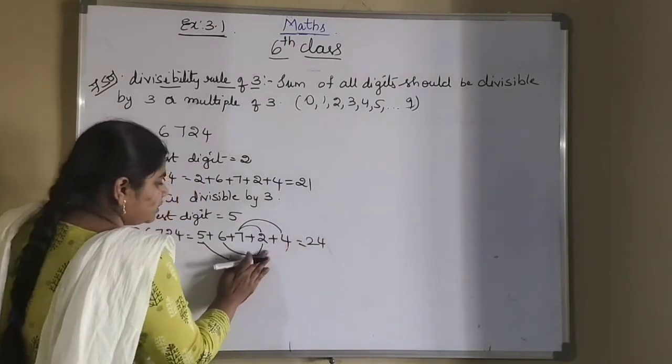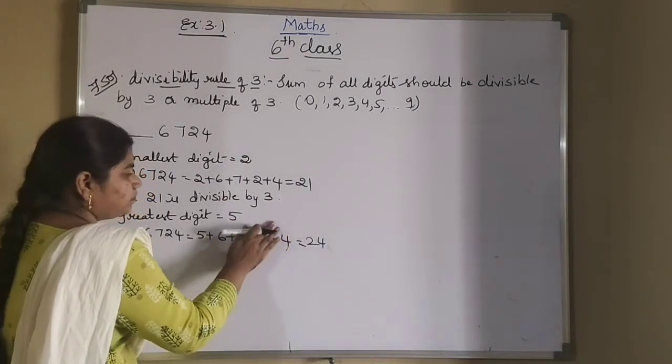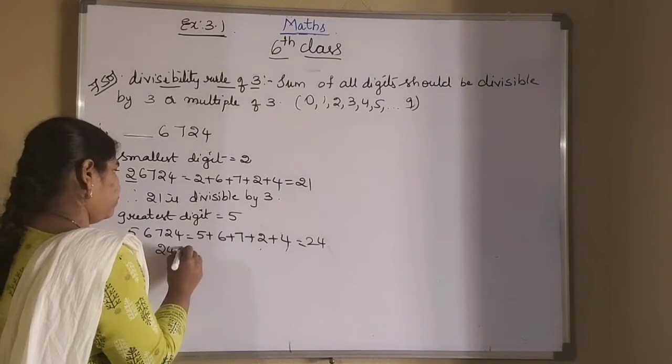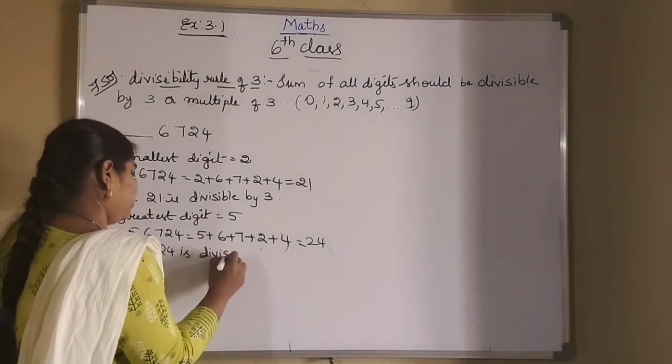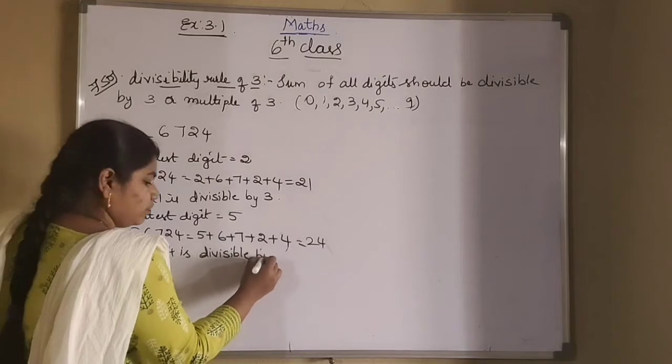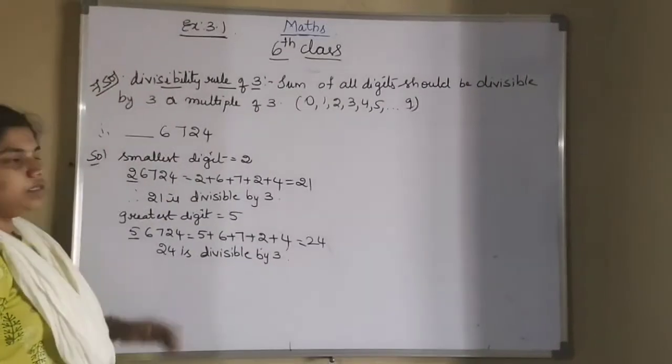So 24 is a multiple of 3, so it is divisible. So this whole number will also be divisible.